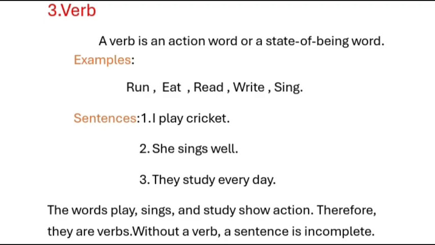For example, run, eat, read, write, sing. Sentences: I play cricket. She sings well. They study every day. The words play, sings, and study show action. Therefore, they are verbs. Without a verb, a sentence is incomplete.